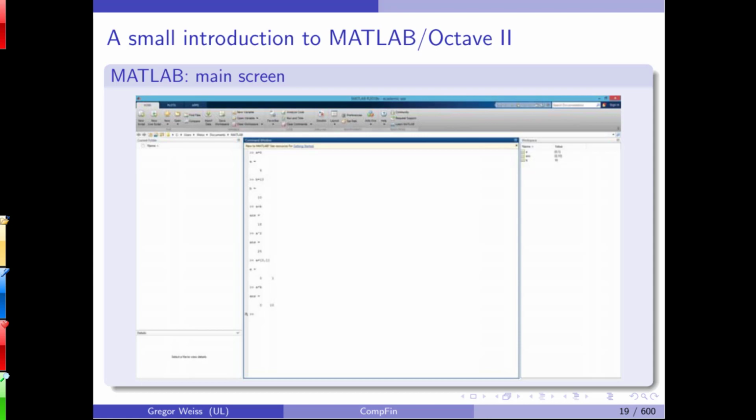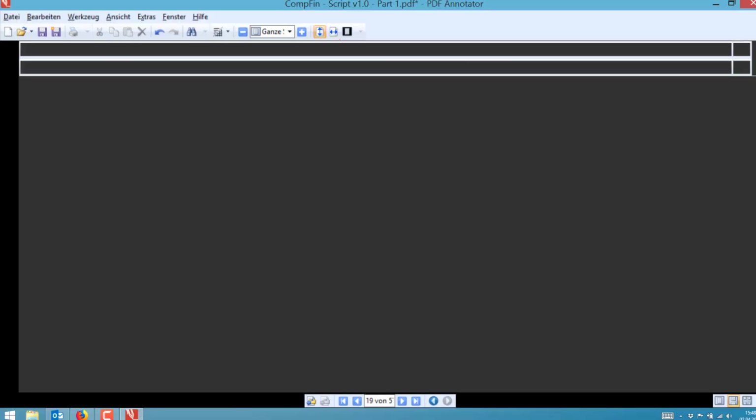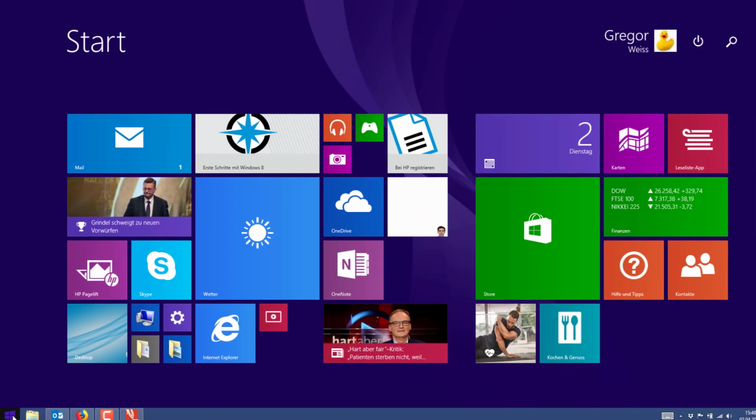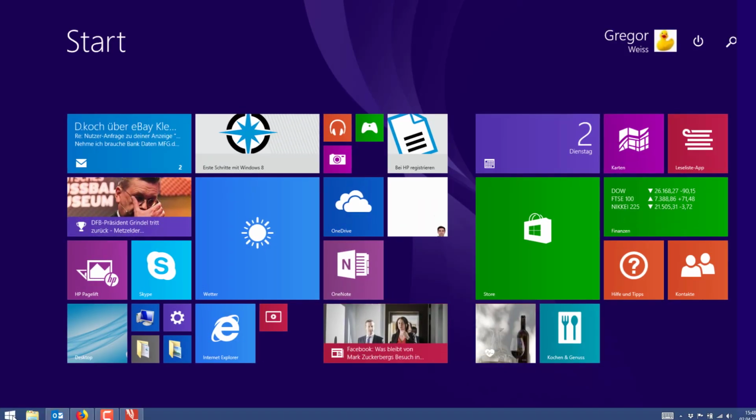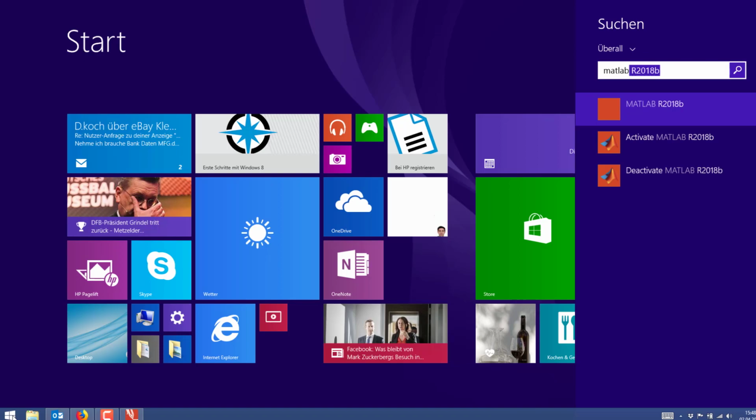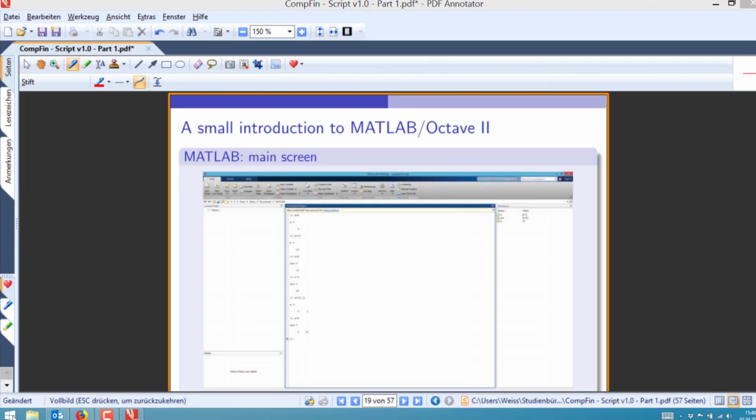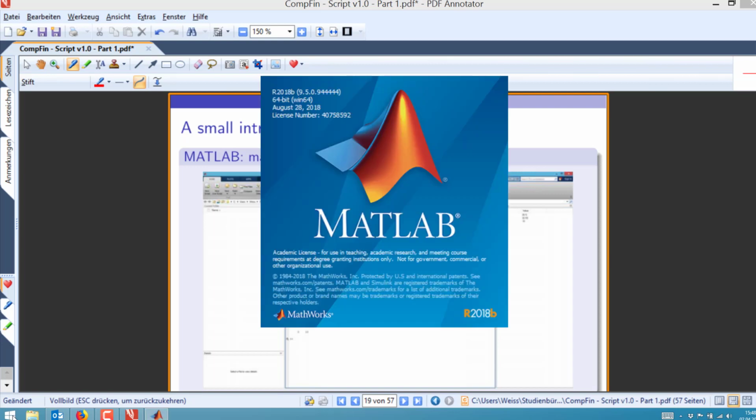Okay. That's what MATLAB looks like in its main screen. But because I have MATLAB, I can also start it right now and show you what MATLAB looks like. The syntax of the language is extremely simple.